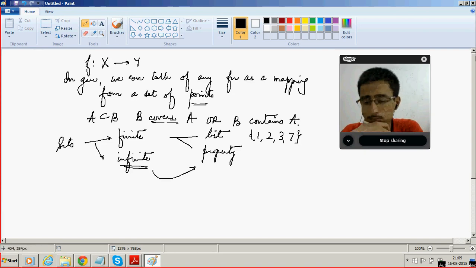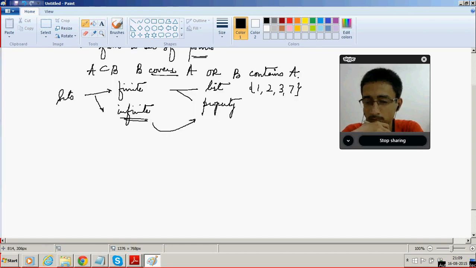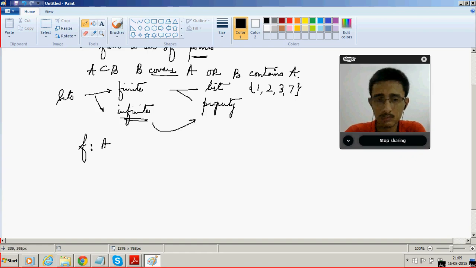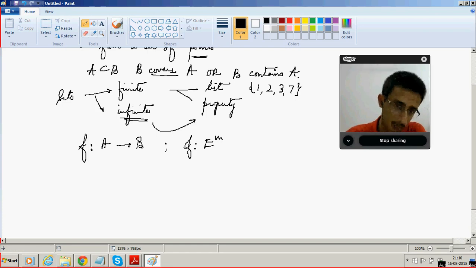Okay, now see, when we say a function from A to B, or from the set Euclidean n-space to Euclidean m-space, it is what we call a mapping, which is generally given by a formula.